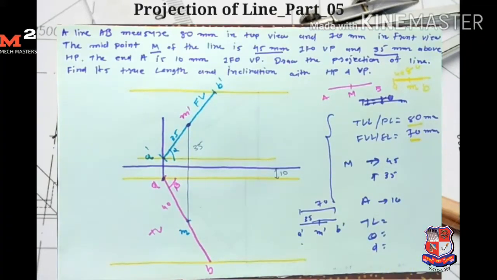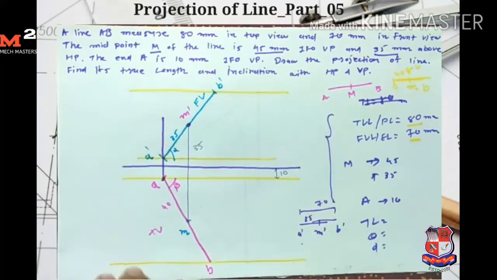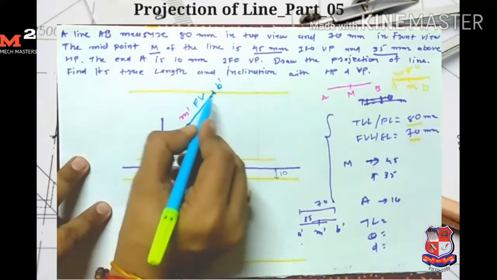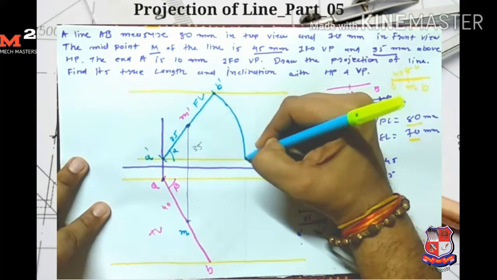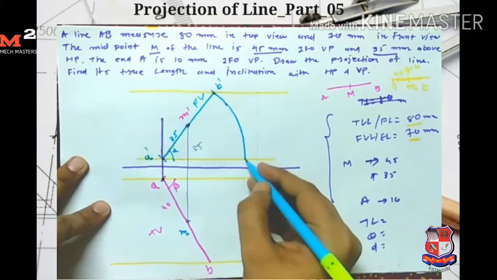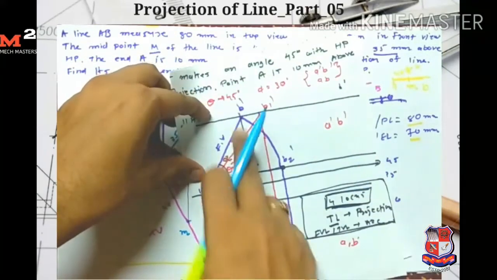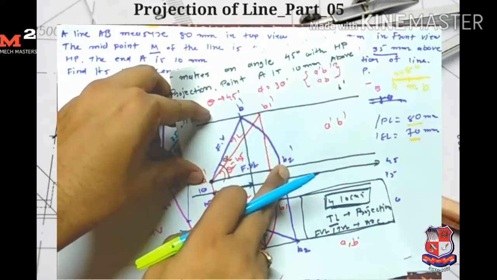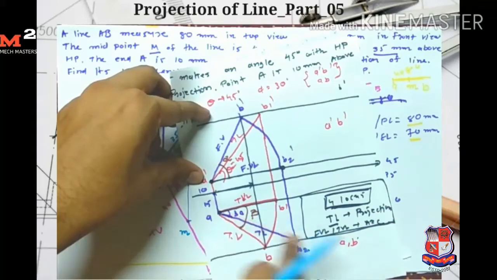Now from the front view length we need to find the true length. So from the front view length I draw one arc which intersects here. Now from this arc I draw the projection, because we know that from the front view, if I draw one arc here and after that take the projection, then we get its true length.